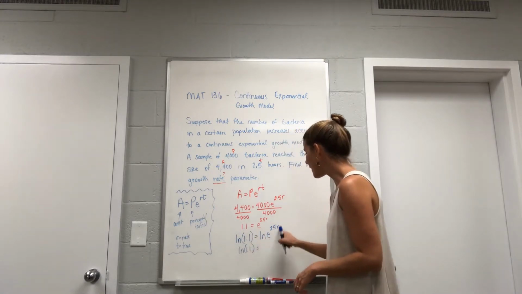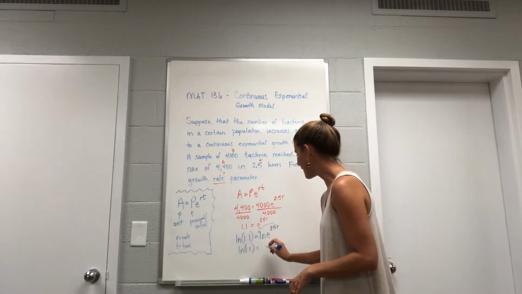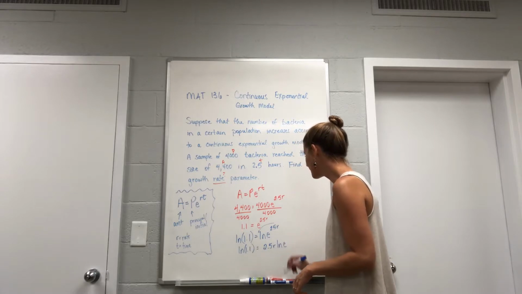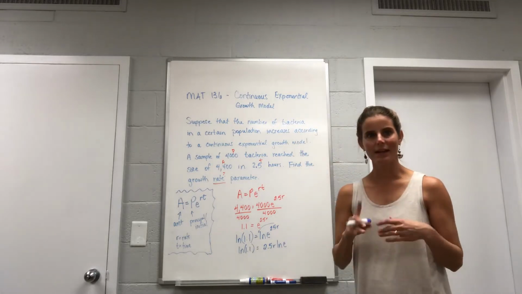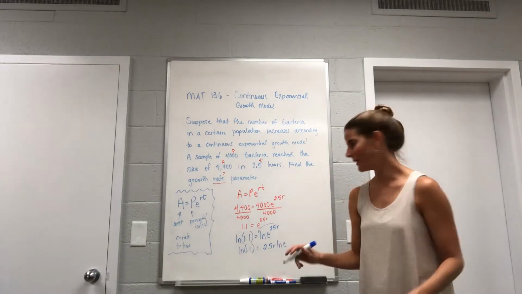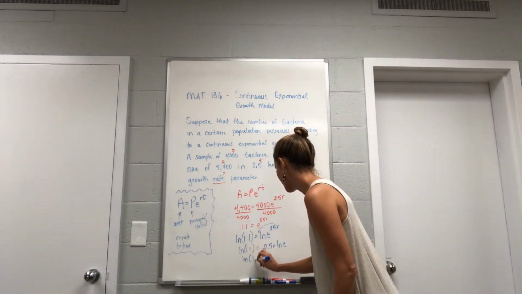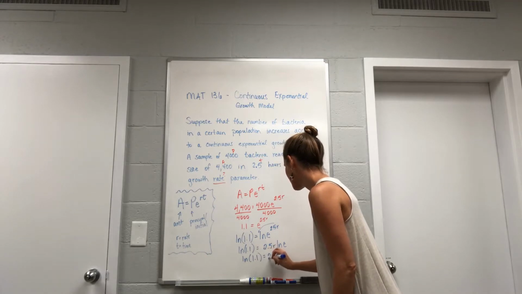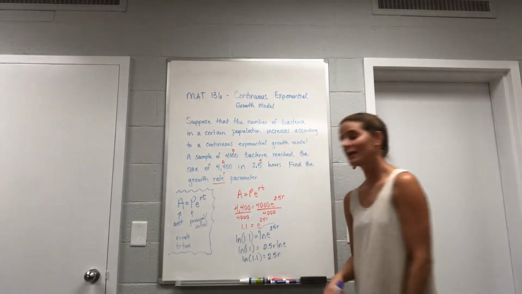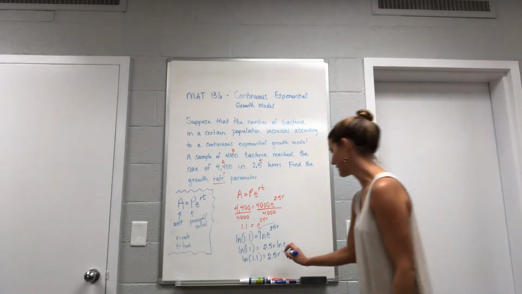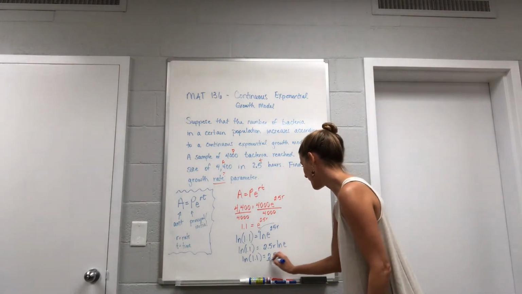Over here, I'm going to use that property where I can pull this down, and it's going to be 2.5r times ln e. But remember, ln e is 1, so that can go away. This is just going to be ln 1.1 equals 2.5r. Now this is a simple linear equation that I can solve. I can just divide by 2.5 on both sides.